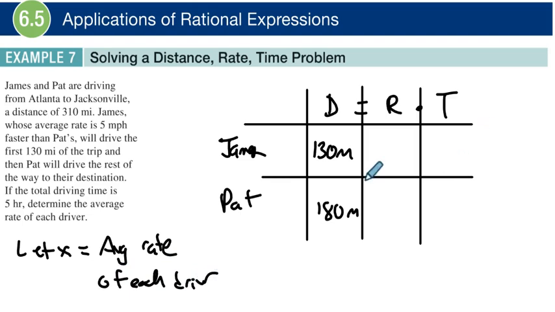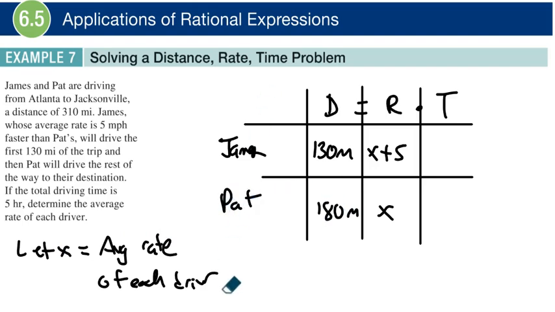Okay, so let's see here. How can we make this work now? All right, so we talk about James is 5 miles per hour faster than Pat. Okay, so really we should say that Pat is just x, and then James is 5 miles an hour faster, x plus 5, right? So x really is the average of maybe Pat right there.